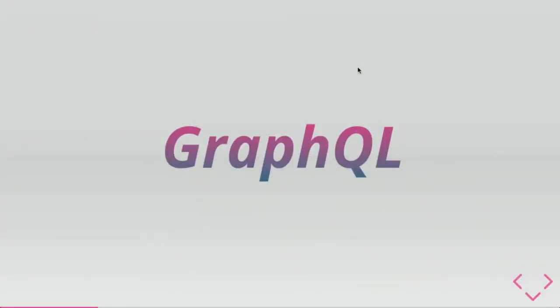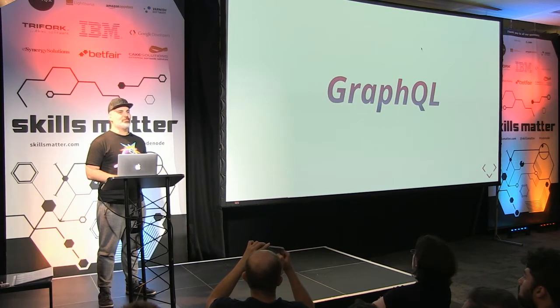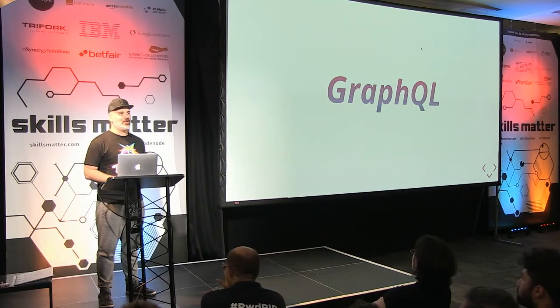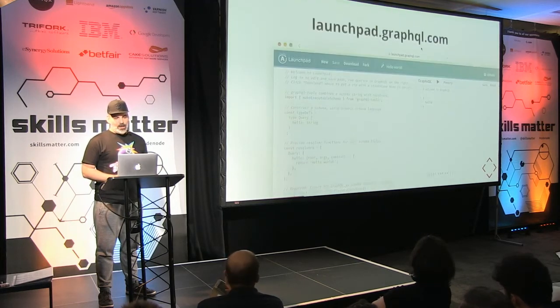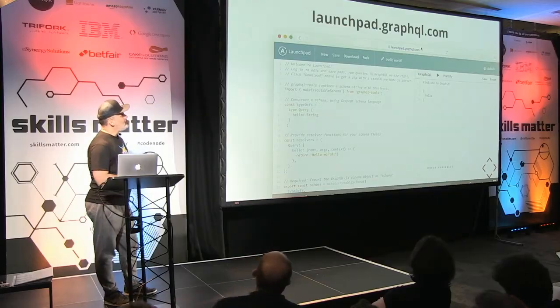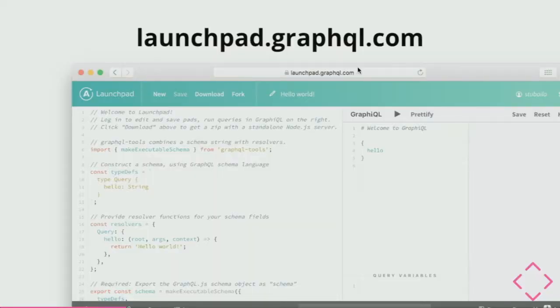So let's cover a little bit of GraphQL. Before I go into real time, I want to give some heads up. Some of you maybe are new to GraphQL, you haven't been following the news, so I'm going to try to cover some of those. One of the tools that Apollo announced earlier this year is Launchpad.